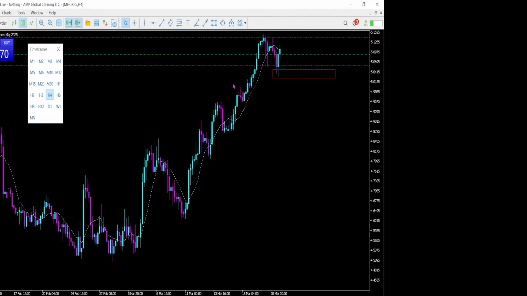And once you identify that there's a trend going on, basically what you're looking for is pullbacks underneath this moving average, and then you're waiting for upward price momentum to start again.